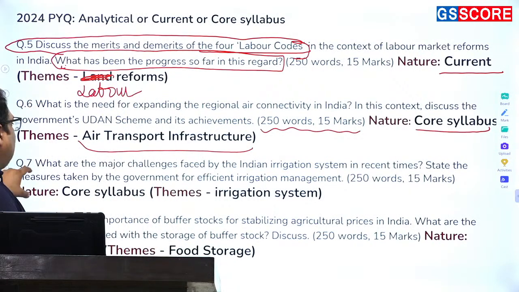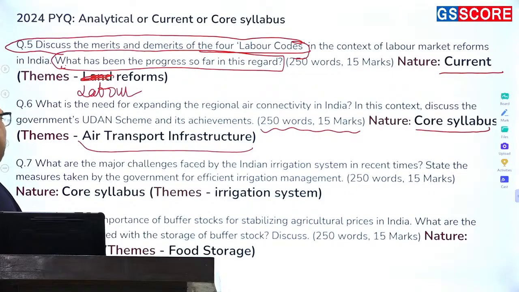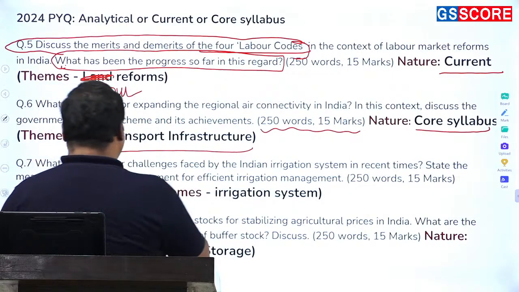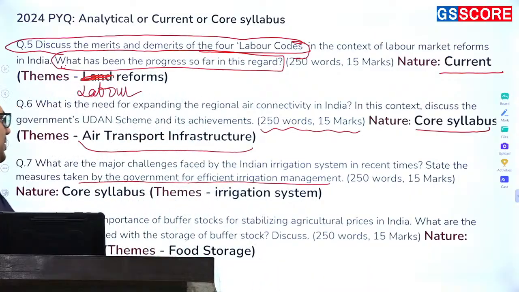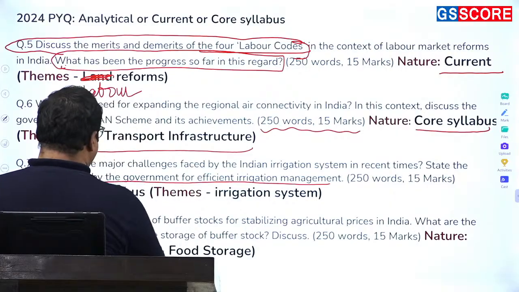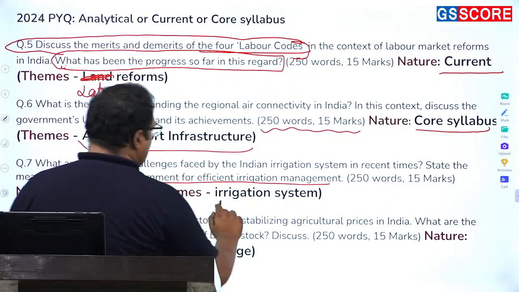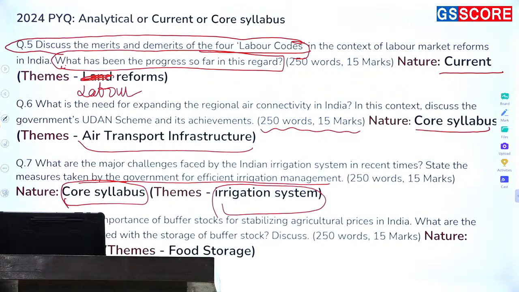Then the next question was, what are the major challenges faced by the Indian irrigation system in the recent time? State the measures taken by the government for efficient irrigation management. So this is a core syllabus topic, and the theme is irrigation system. It is from your agriculture area, and it is directly from the syllabus.